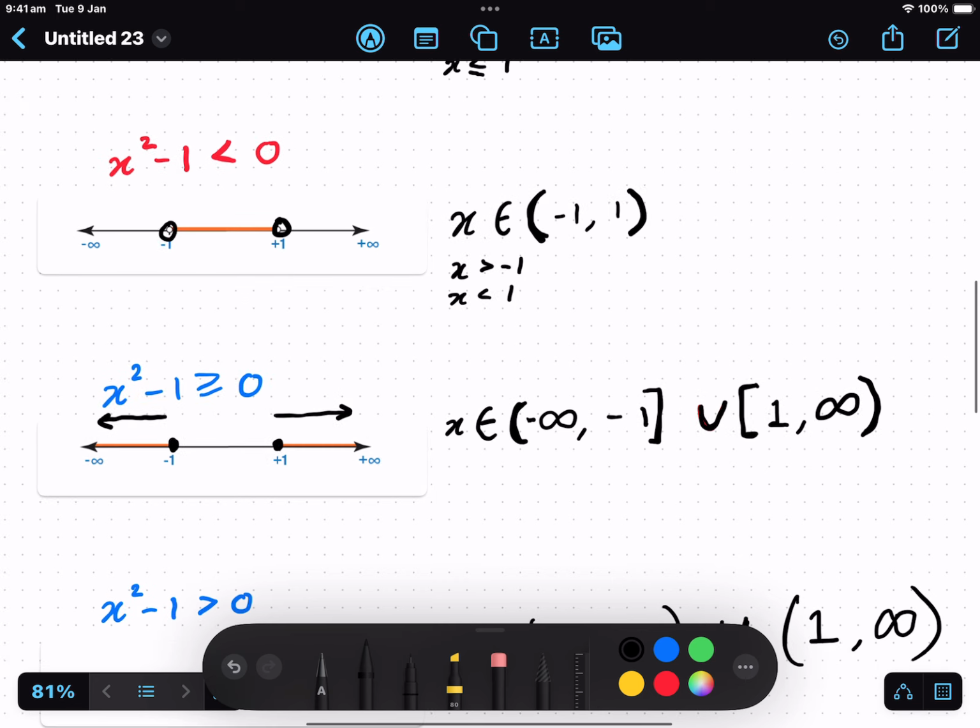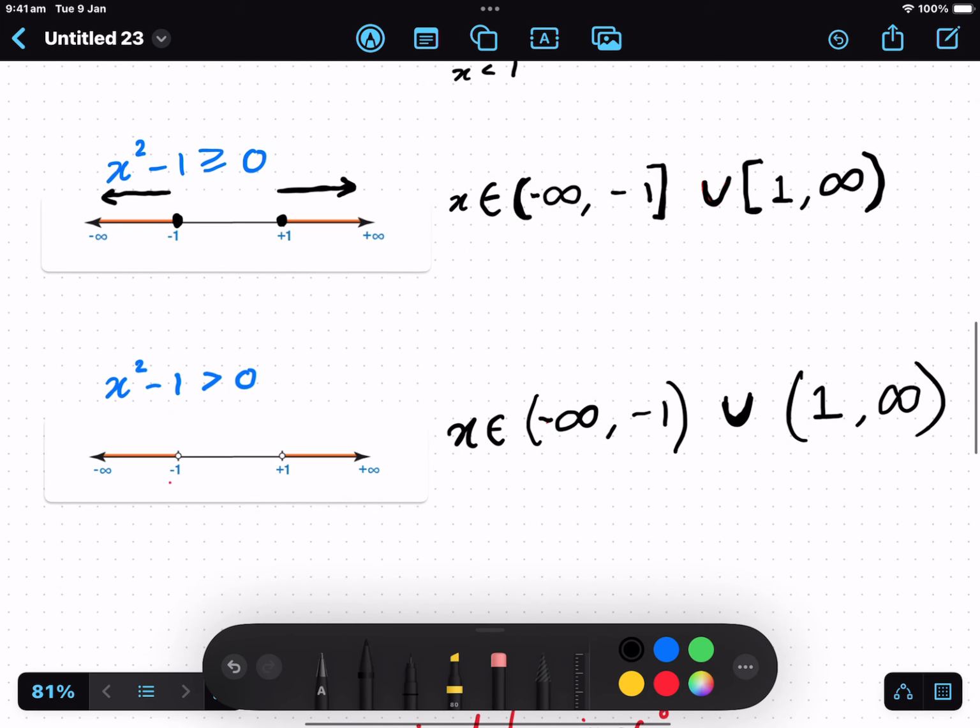So how we're going to write this in our notation is x belongs to negative infinity to -1, like we've said in our bracket, then union 1 to positive infinity. We can see in this arrow as well, 1 to positive infinity. Now let's go on to the last and final example. x squared minus 1 is just greater than 0.